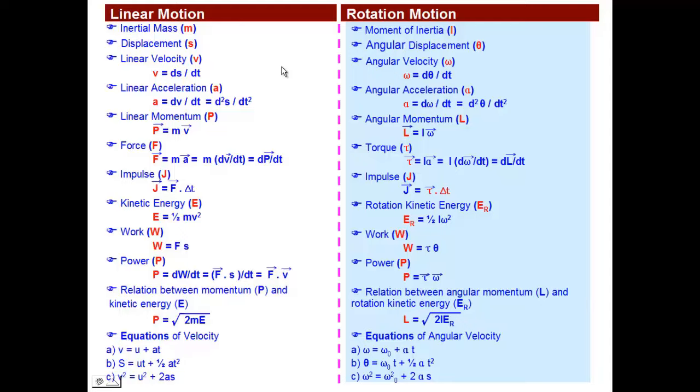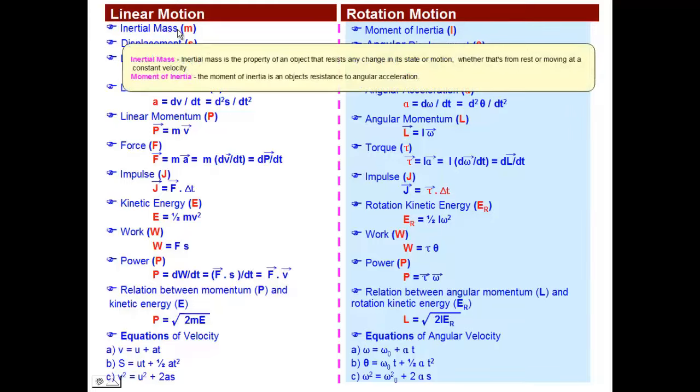So first is the inertial mass in linear motion, and in rotational motion, the moment of inertia. So what is inertial mass? Inertial mass is the property of an object that resists any change in its state of motion, whether from rest or moving at a constant velocity.